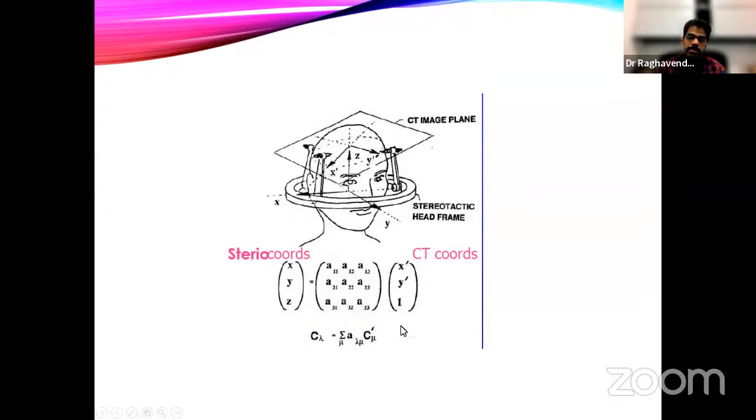When you do a summation or a matrix transformation of that CT coordinate, you get a stereo coordinate. That means you have reached, for one particular point in the patient anatomy, using these many points together, a matrix transformation to reach a rigid XYZ on the frame, on the localizer.